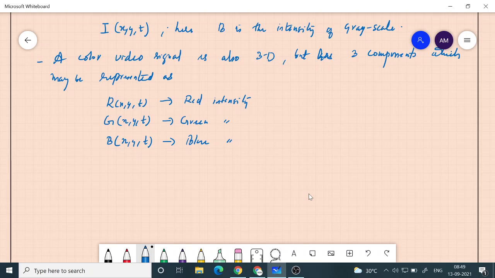So between black and white, there is a range of values that it can have. So that degree of blackness, you can say. So between 0 and 1, if you say 0 is completely white and 1 is completely black, then 0.5 is a grayscale, 0.7 is another grayscale, but it is more toward dark.